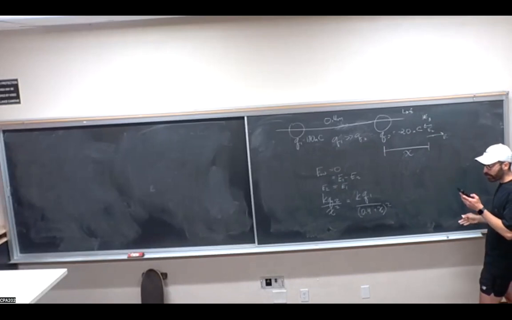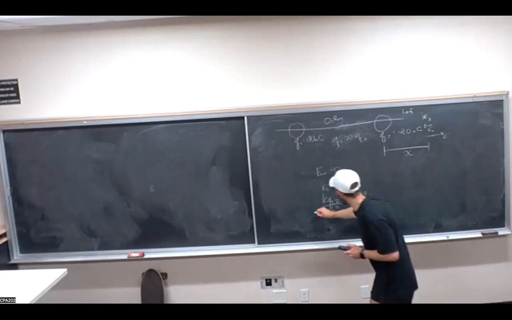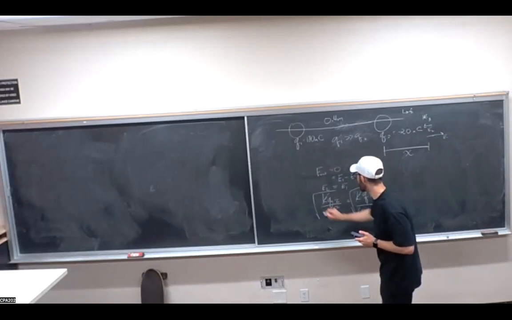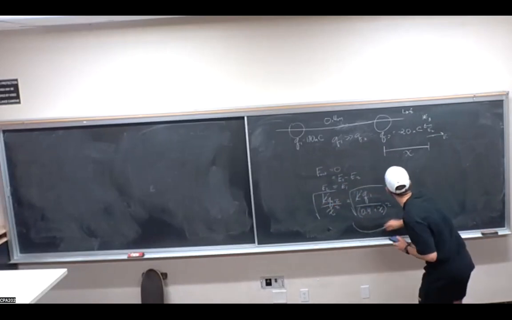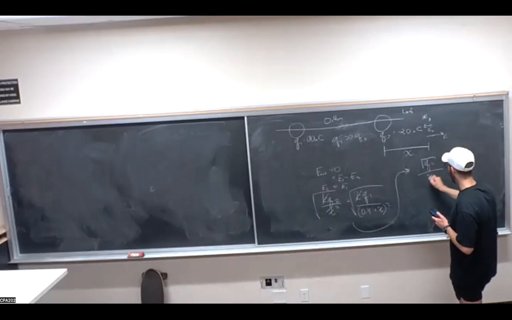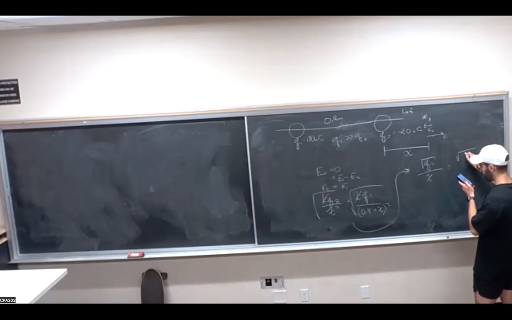So now we have enough to solve and isolate that x. It'll just require a little bit of working around, so I'll show you the algebra here. We're going to square root both sides. I'm going to cancel out these k's. So we're left with the square root of Q2 over x is equal to the square root of Q1 over 0.4 plus x.